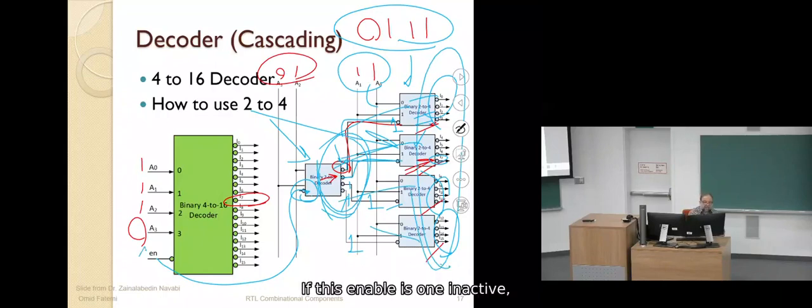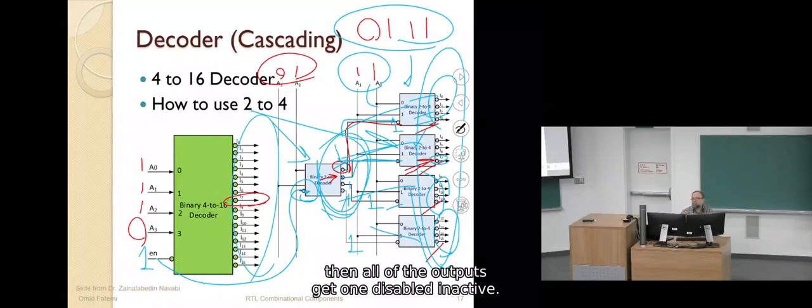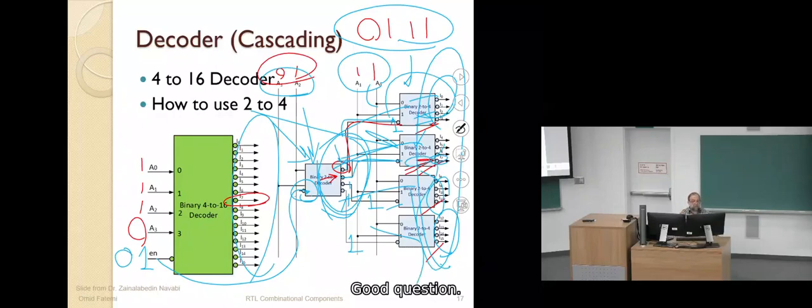If this enable is 1, inactive, then all of the outputs get 1, disabled, inactive. But if this is 0, then this decoder is active. It works based on the A3 and A2, and it selects one of the decoders of this type. Good? Question?